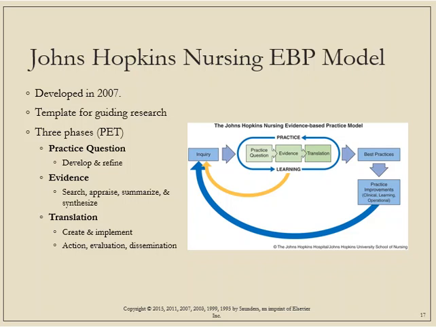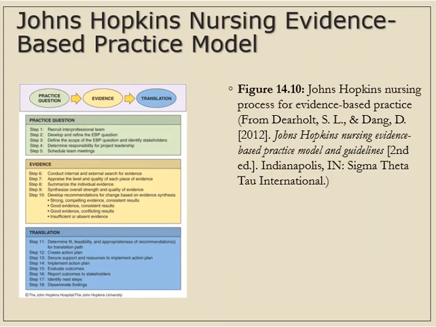So you'll see the continuous loop of learning and practice in the practice question, evidence, and translation. It starts with a practice question, then gaining evidence, translating the evidence, and moving that to best practice. And then the practice improvements should always be reassessed for continued learning.